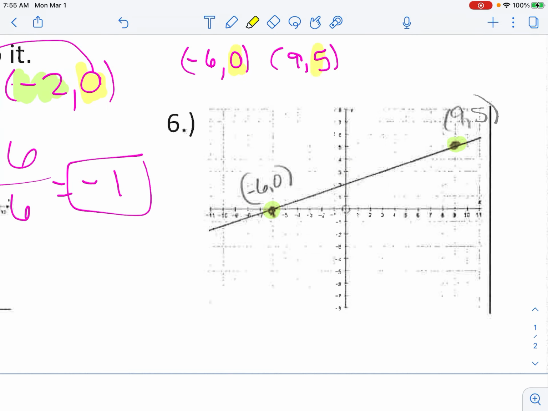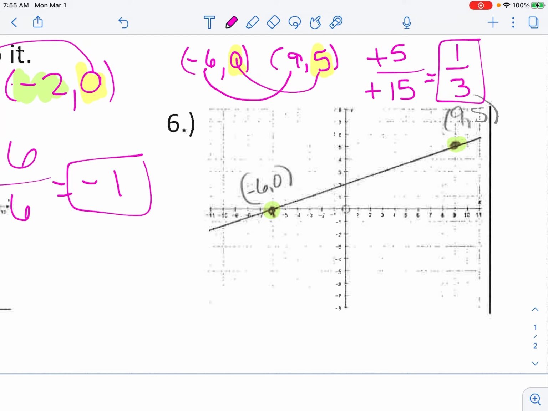Always focus on your y coordinates first. So the change from 0 to 5 is plus 5. And the change from -6 to 9, that is a change of positive 15. If we're going to simplify that, that would simplify to a slope of 1/3.